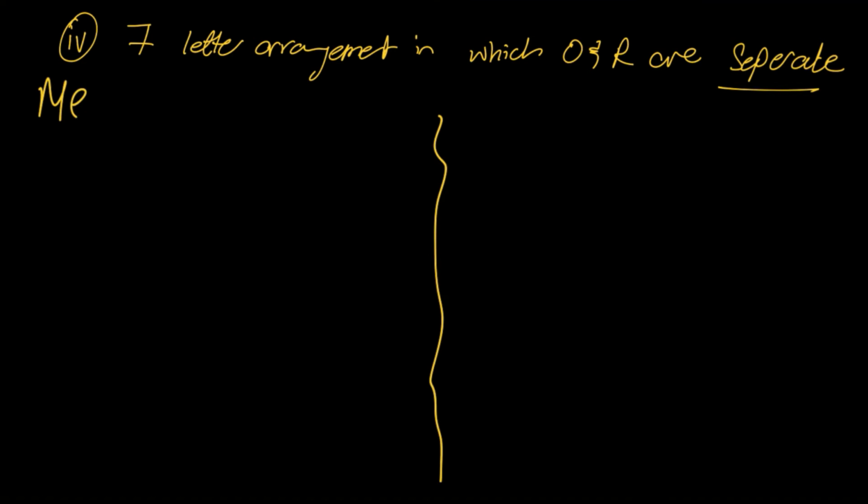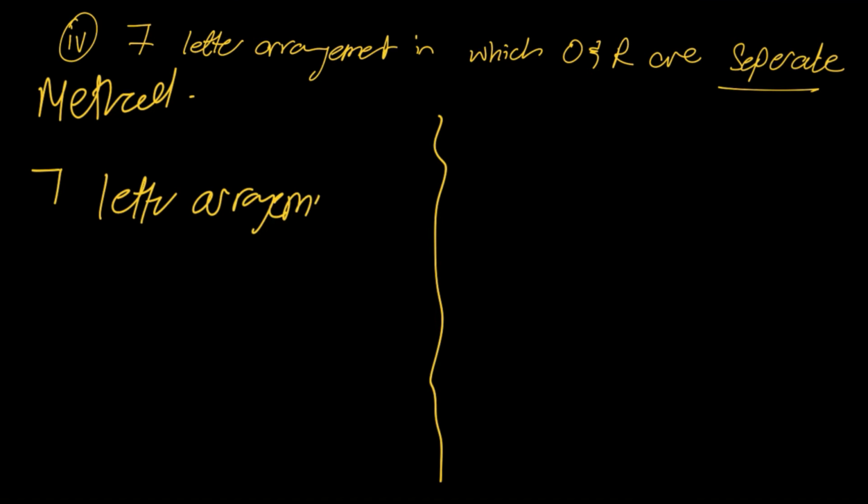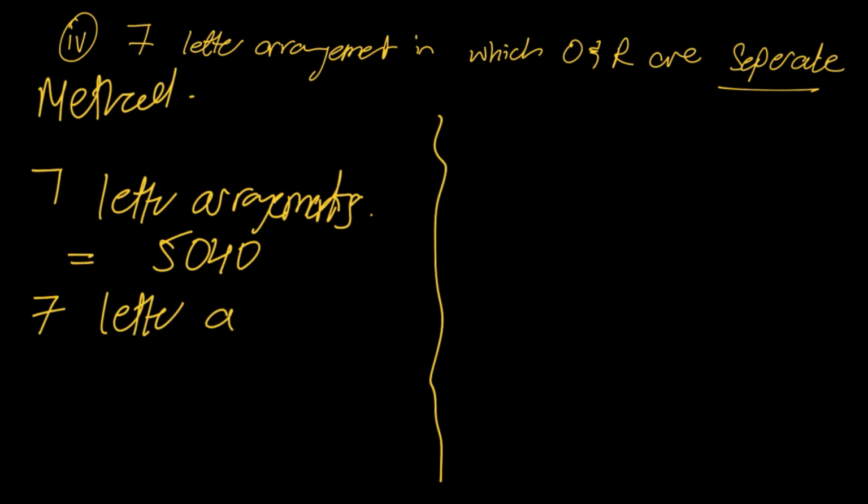The first method is that we have 7 letter arrangements without any restrictions. That means that it has both O and R which are separate and O and R which are together. Now we have the 7 letter arrangements of which O and R are together as well.